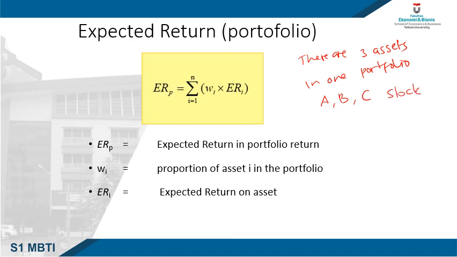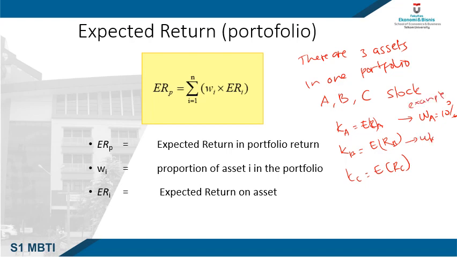Then we have KA, which we call the expected return of A. KB is the expected return of B, and KC is the expected return of C. Then for each stock we have the portion, or what we call the weight. The weight of stock A is, say, 10%, for example.